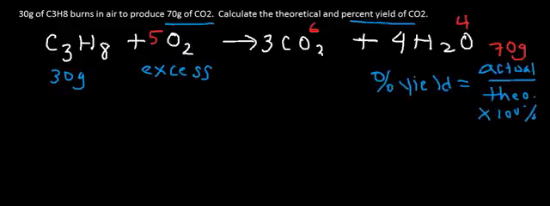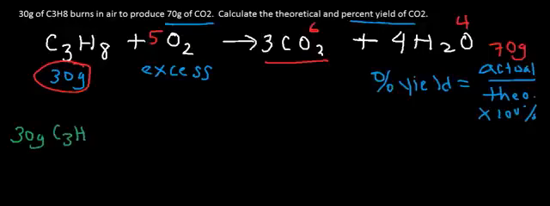So let's calculate the theoretical yield, the maximum amount of CO2 that is possible to get. So we're going to start with the 30 grams of propane. We're going to see how many grams of CO2 can be produced at most from 30 grams of C3H8.